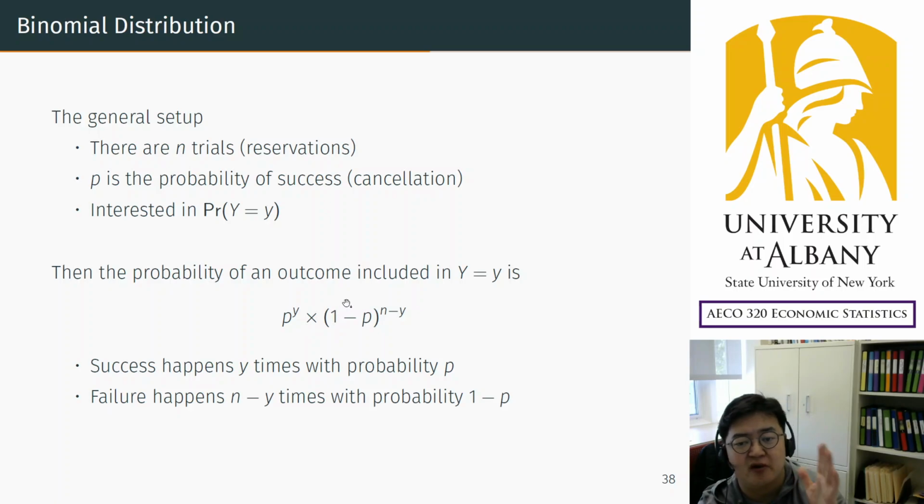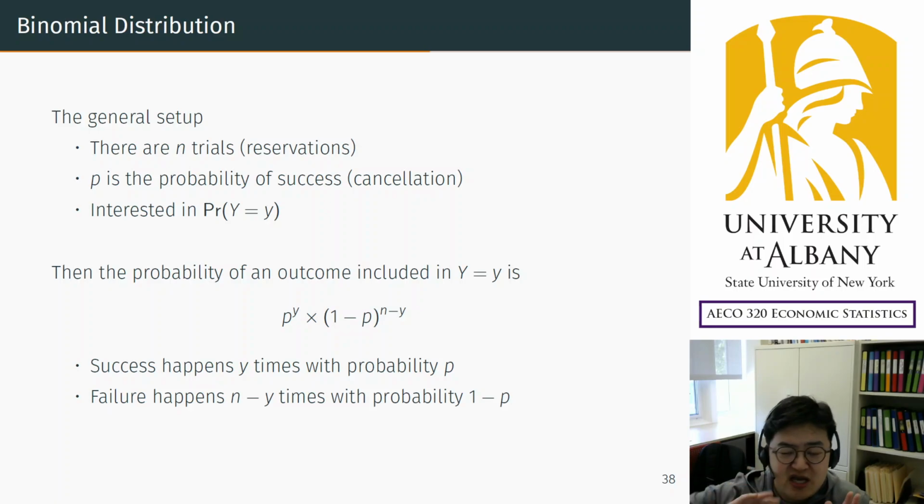Also, you have to multiply the failure probability too. Often this part is missing because we don't say that. We only say what is the probability of one cancellation. But when I say one cancellation, that also includes the information that the other reservations are not canceled. So you have to consider the other side of the event.